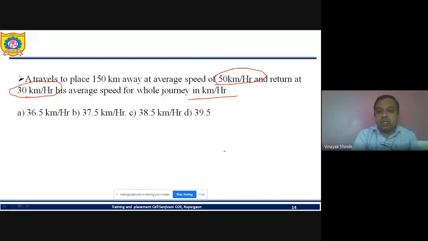This is nothing but x, this is nothing but y, right? So the formula is 2xy upon x plus y. Use this formula, put the value of x equal to 50 and y equal to 30, and get the answer.